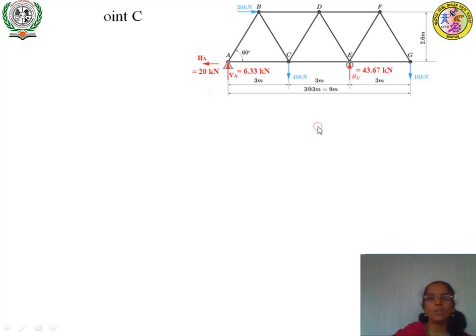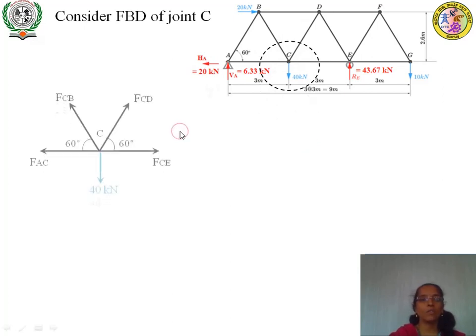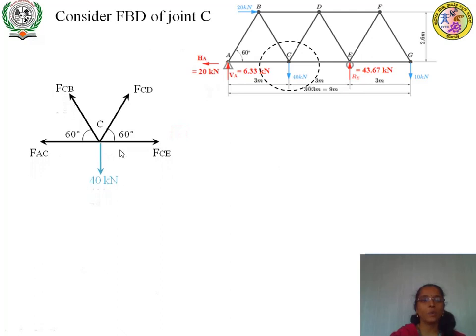Okay, so to draw the free body diagram, consider joint C. Consider an imaginary cut around joint C so that we can draw the free body diagram. Okay, so consider all the forces as tensile initially. Angles made by FCD with respect to horizontal is 60, CB with respect to horizontal is 60.